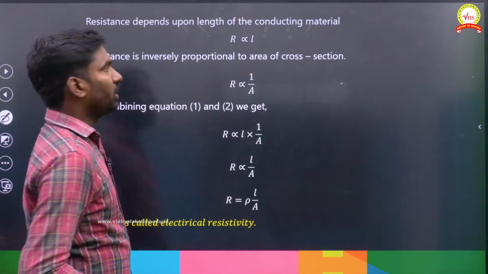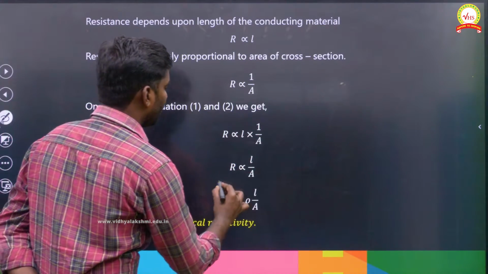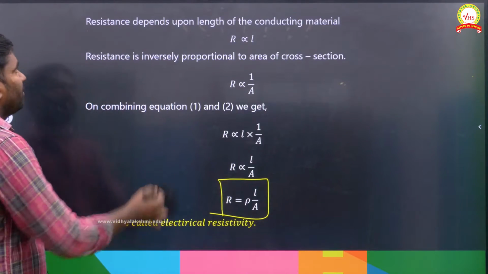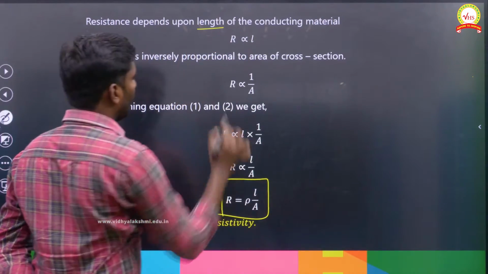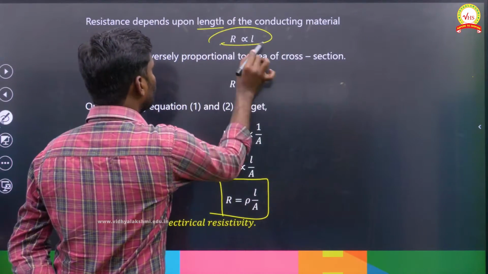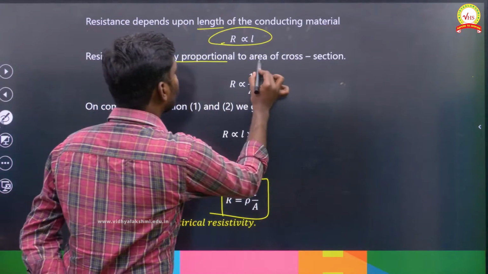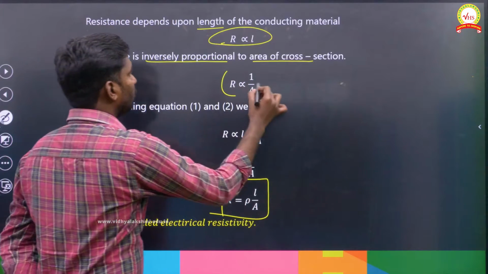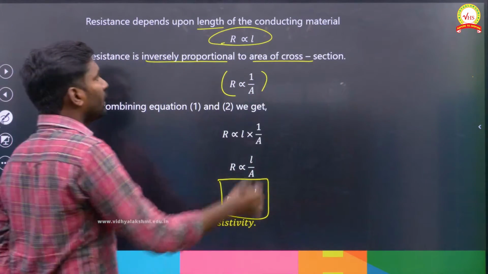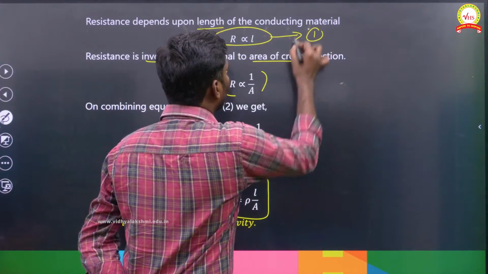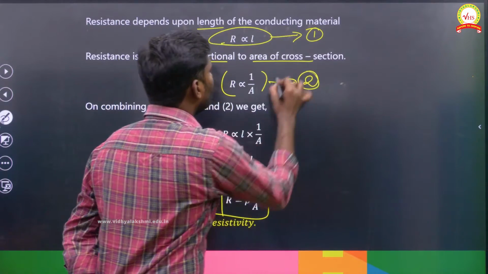And next, based upon this, we will be getting certain problems. We already said that resistance depends upon the length, so R is directly proportional to L. The second factor is that resistance is inversely proportional to area, so R is proportional to 1 by A. You can take this as equation number 1 and this as equation number 2.